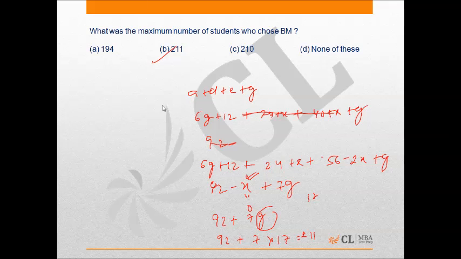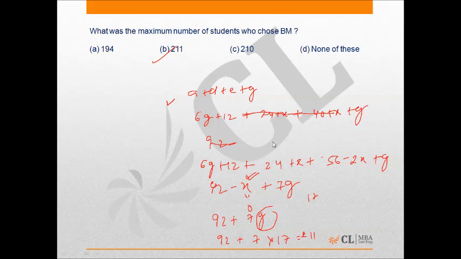Coming to the second problem, it is asking what is the maximum number of students who chose BM. So first of all we'll have to find the total number of students who chose BM.